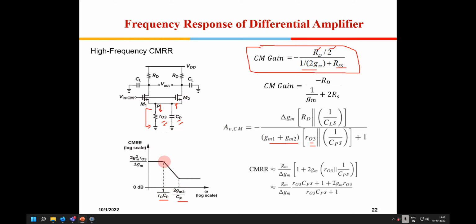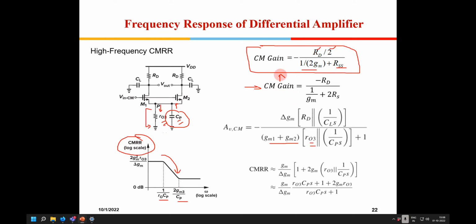So at high frequencies they are going to deteriorate the performance. It is going to cause higher common mode gain, because this resistance is actually decreasing the common mode gain, right? But if there is a capacitance at higher frequency, the common mode gain will increase and hence the common mode rejection ratio will decrease.